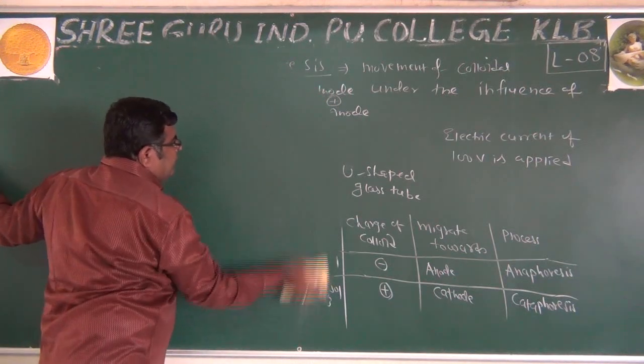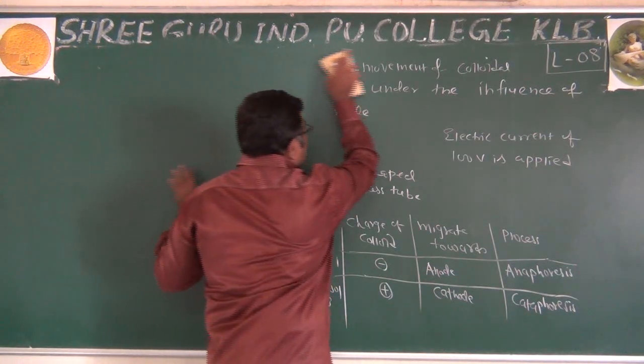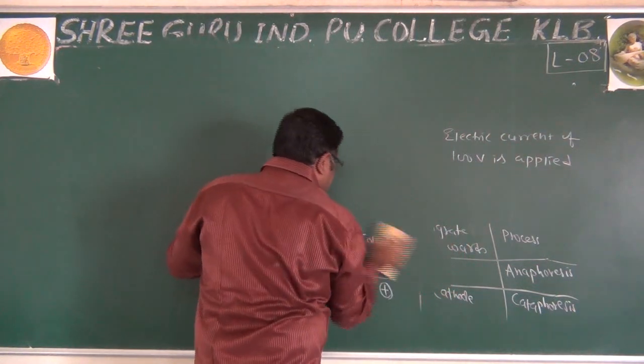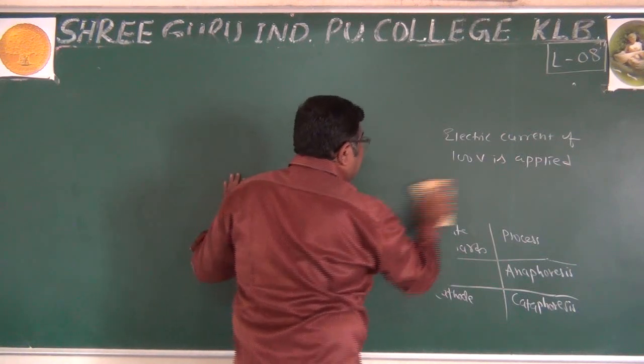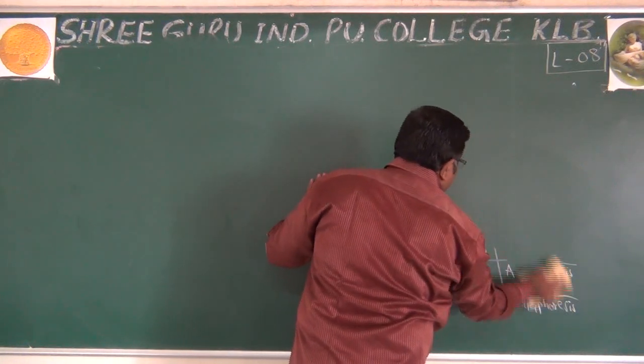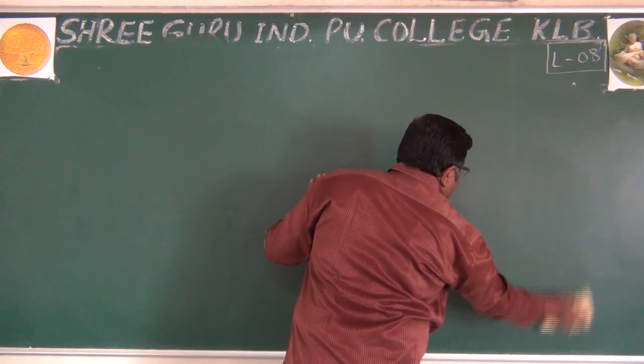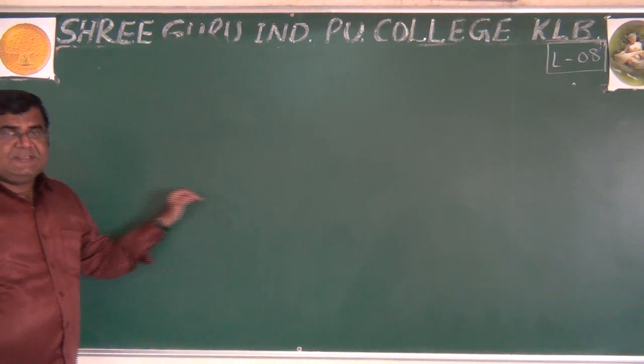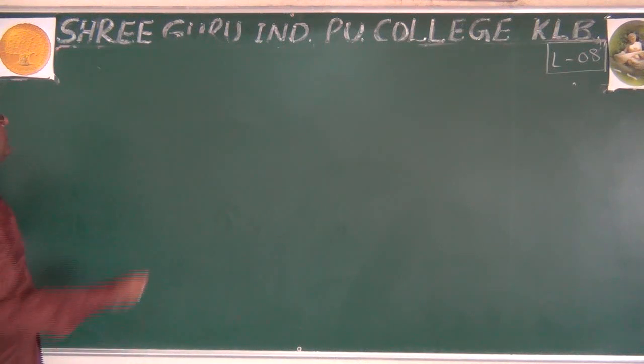Coagulation. This is also a very important property of the colloidal particles. All these properties are very unique. We never come across such properties in a true solution or a suspension, because of their intermediate size, they have these properties.